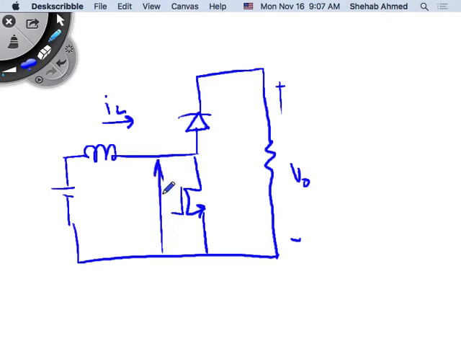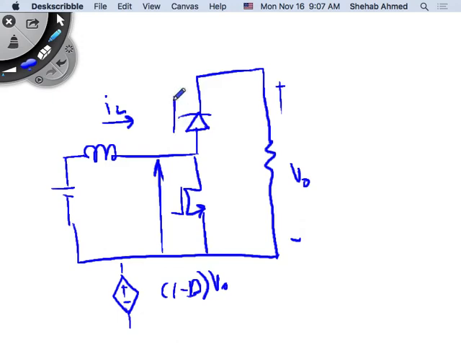And when the switch is off, I'm seeing a voltage equal to V output. So when is the switch off? During the 1 minus D period. So during the 1 minus D period, I'm seeing the voltage V output appear. That's why if you replace this by the voltage source, you get 1 minus D times V output as the equivalent value for the voltage source that you replace here.